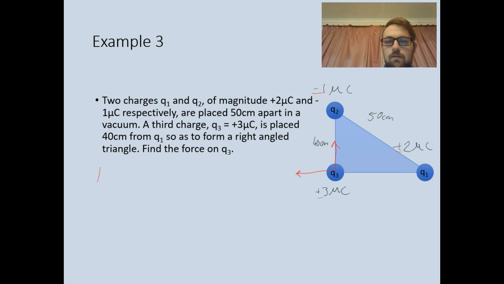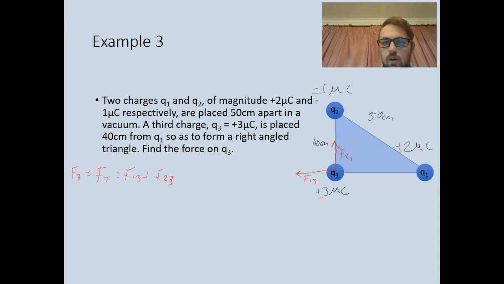So if I want to find my force total, I have to add my force 1 on 3 plus my force of 2 on 3. Now the force total in this case is also often referred to as just the force on 3.